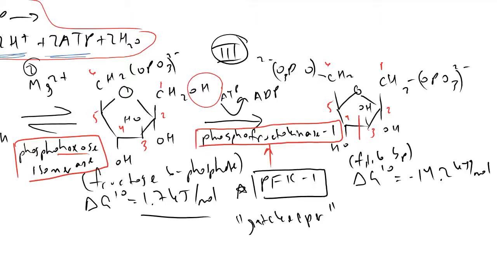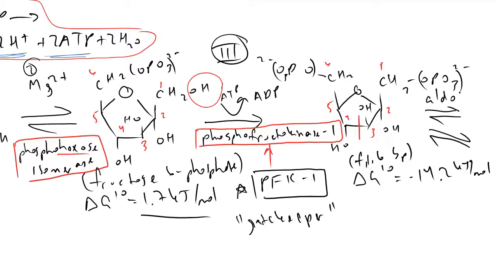If we remember from organic chemistry, carbon-carbon bonds are incredibly strong, and it requires enormous amounts of energy to break them, as well as form them. What happens next is the molecule fructose 1,6-bisphosphate is going to interact with an enzyme referred to as aldolase, and it will result in the formation of two molecules.